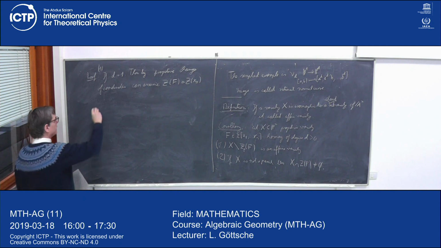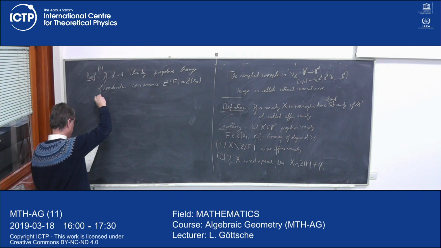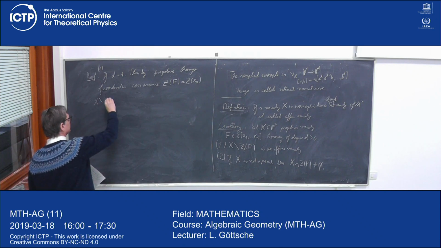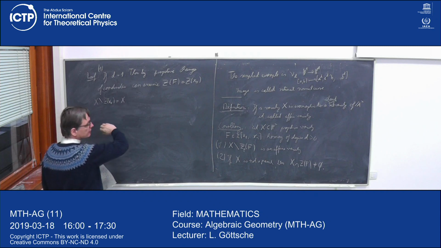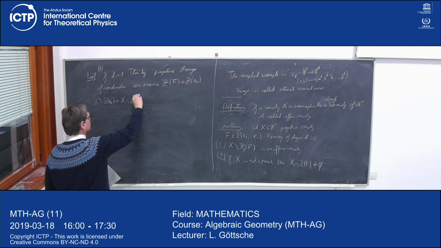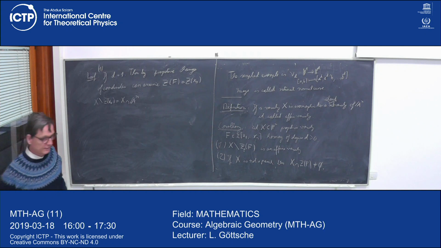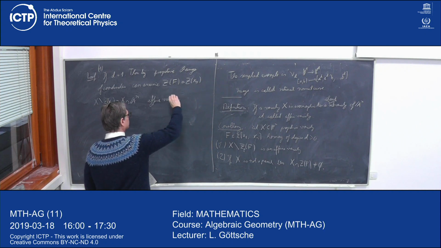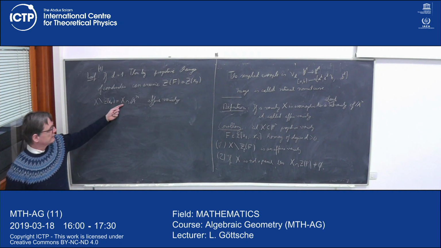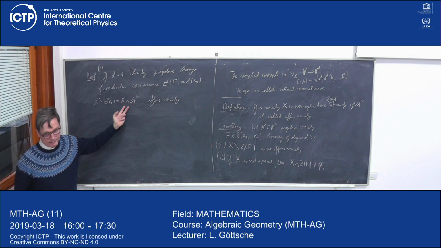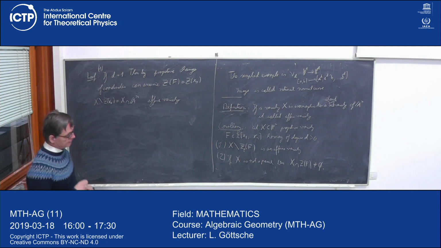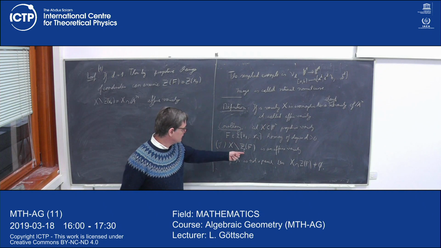And so then X without the zero set of X0 is just X intersected with A^n, and so this is an affine variety. Because X itself was closed, that is a closed subset of A^n, and so it is an affine variety.